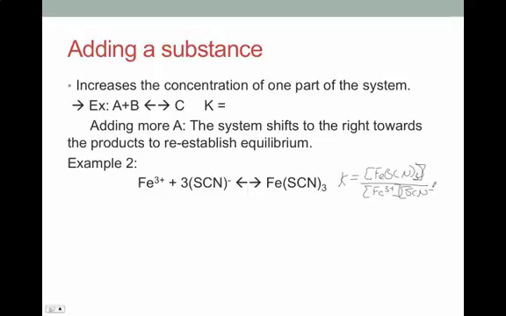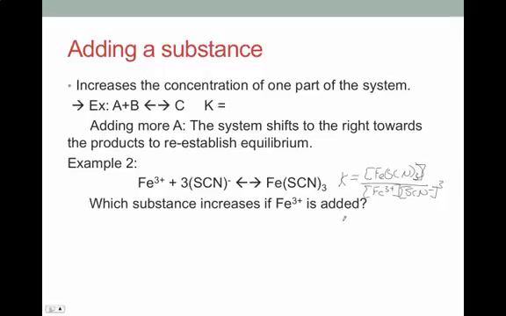So which substance increases if Fe3+ is added? If I add more Fe3+, then the denominator is going to be bigger, and the equilibrium expression again will no longer equal K.